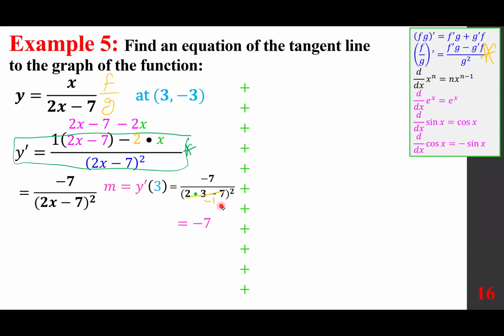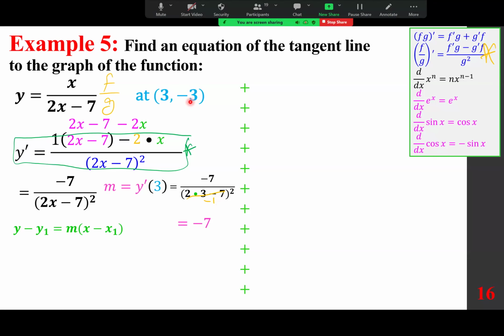So it's pretty straightforward. y minus y1 equals m times x minus x sub 1. Which means y minus negative 3. That means y plus 3 equals negative 7 times x minus 3.